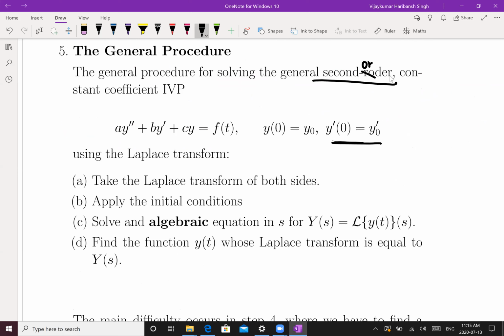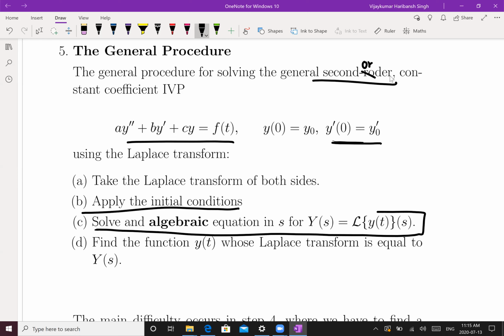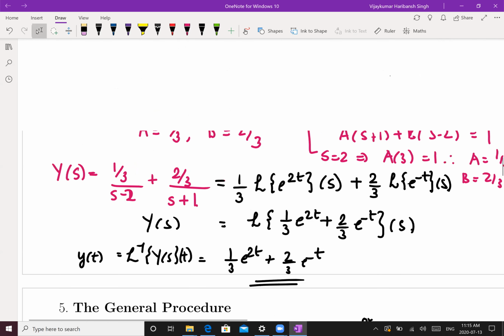Note that the Laplace transform is applied to initial value problems. Now you take a Laplace transform on both sides, then you apply the initial conditions, and solve algebraically for Y of s, as we did here.